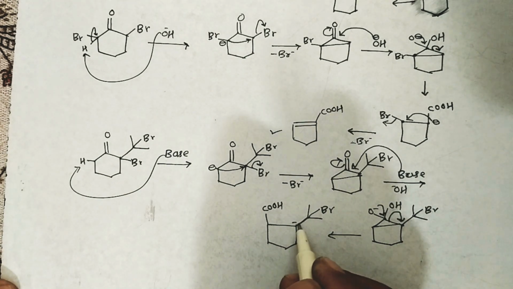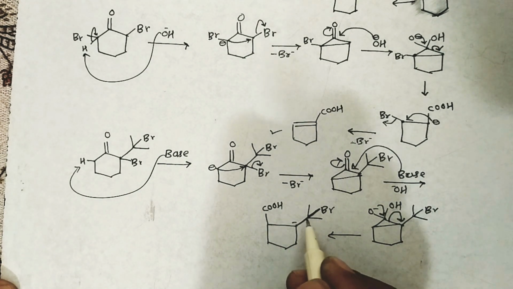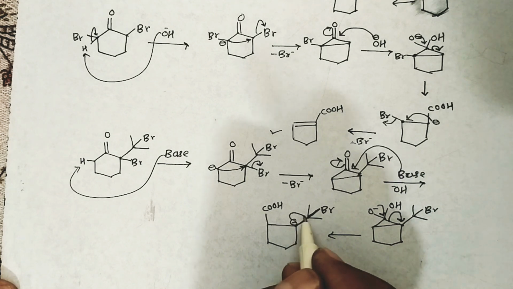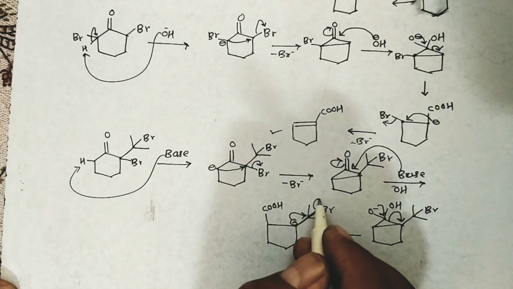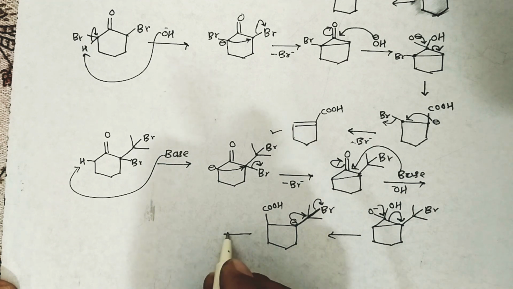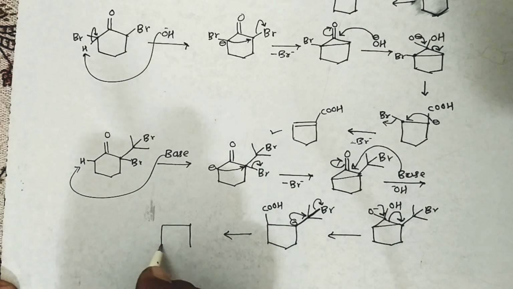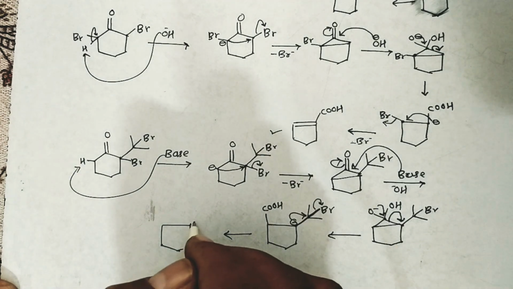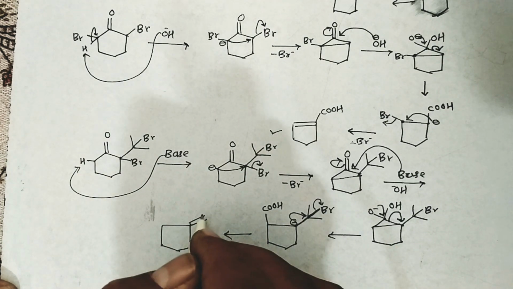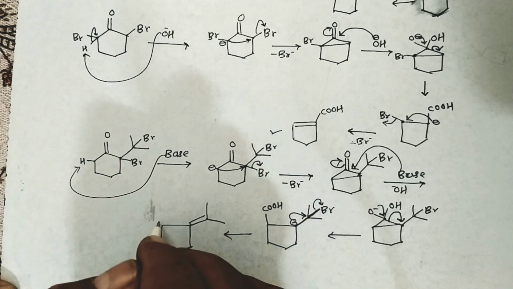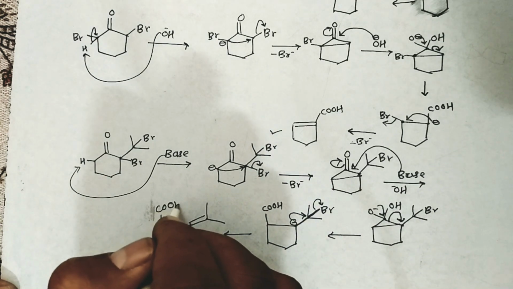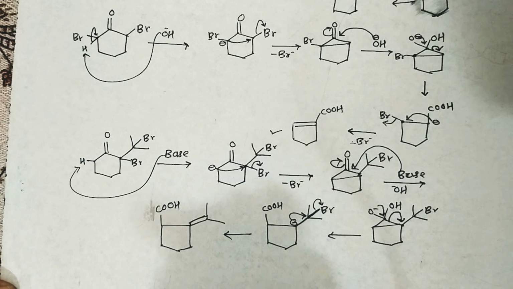Now here bromine is present, so that this negative charge attacks over this carbon atom to remove this bromine to form alkene. So here carbon carbon double bond can be generated, and here COOH group remains as it is.